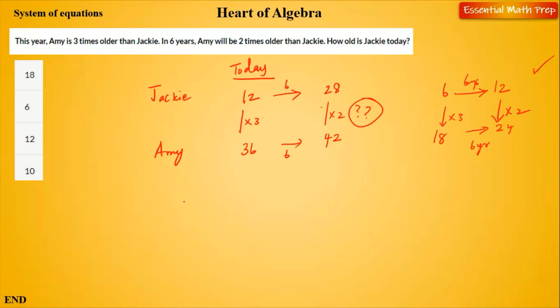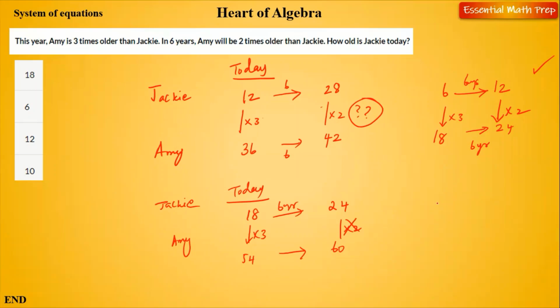Okay, let's continue. So again, I'm going to say Jackie at the top and Amy at the bottom. And this is today, that is this year. What if it is 18? That means it's 54 for Amy. And in 6 years' time, Jackie will be 24 and Amy will be 60. 24 is not 2 times, so that won't work.